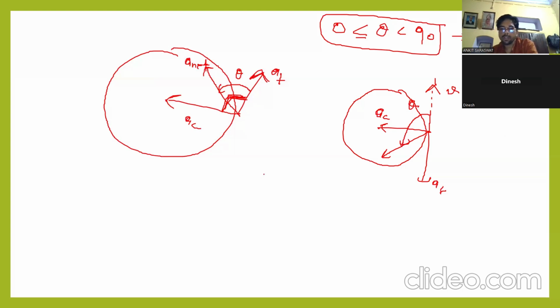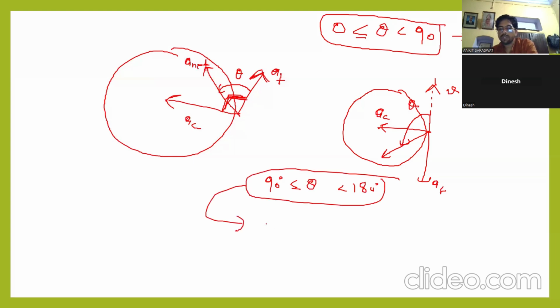So here theta is more than 90 and less than 180. Here the particle is in decelerated motion, meaning the velocity will decrease. This v will decrease because a_t is opposite. Here the particle slows down.